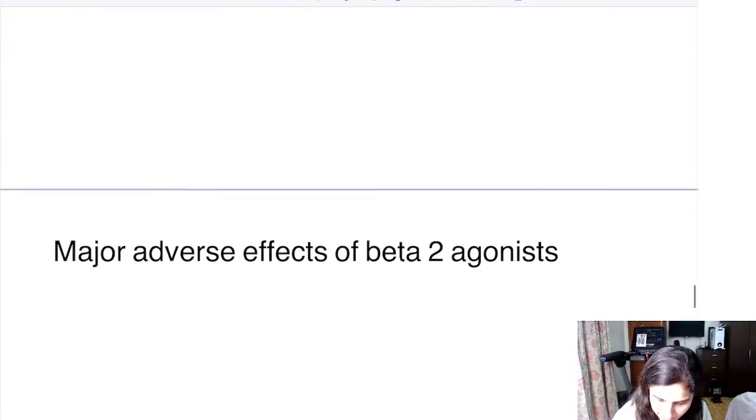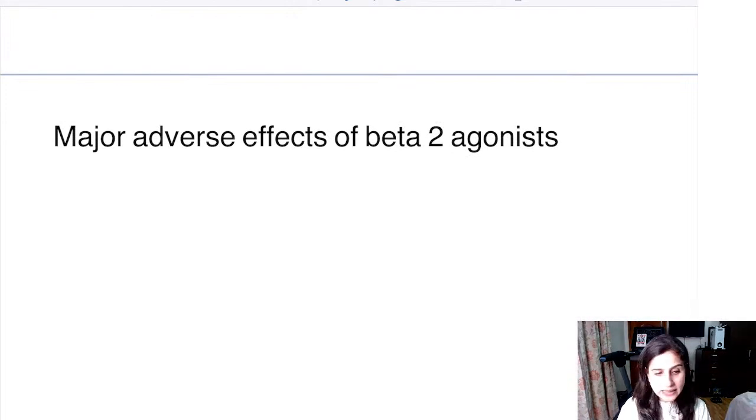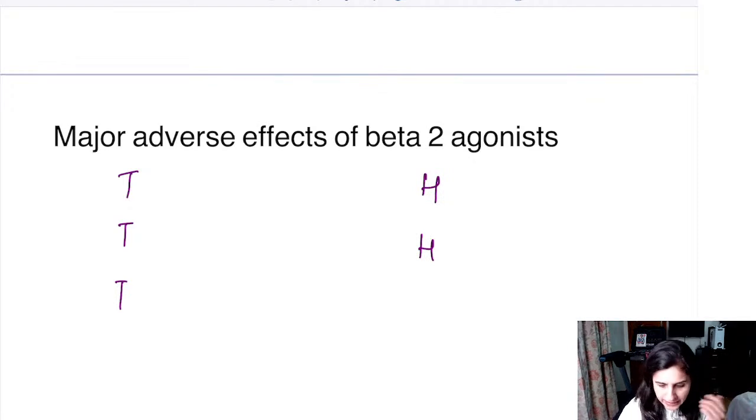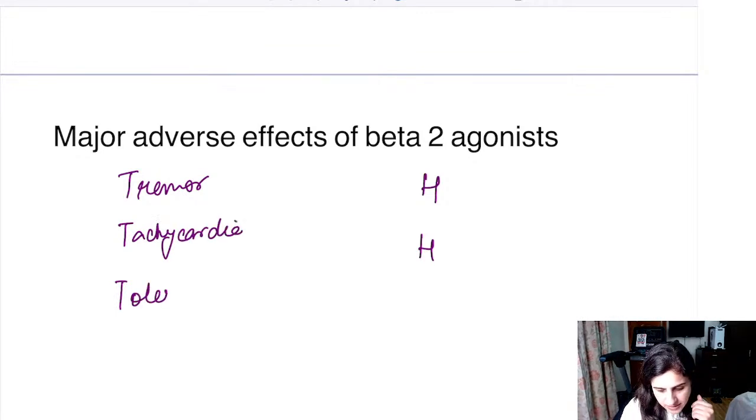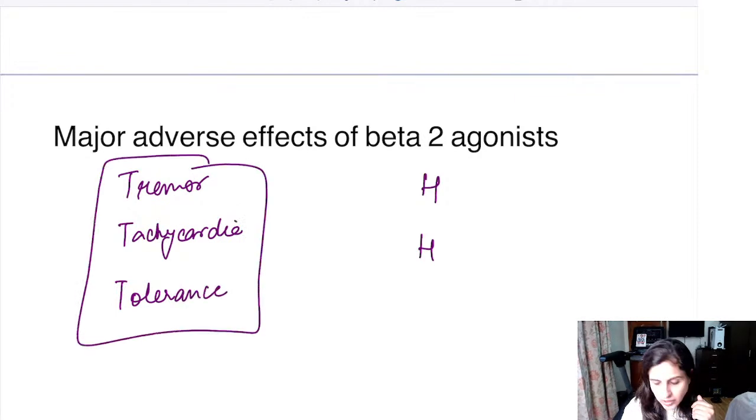Let's see what happens. If you want to remember the major adverse effects of beta 2, what all can happen? Okay? 3 T's and 2 H's, you can remember like that. One T is tremor, one T is tachycardia, one T is tolerance. Tremors, tachycardia, tolerance.